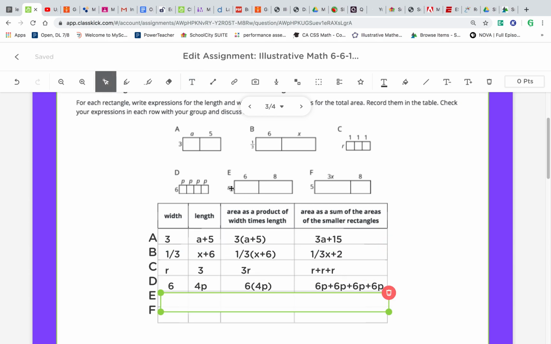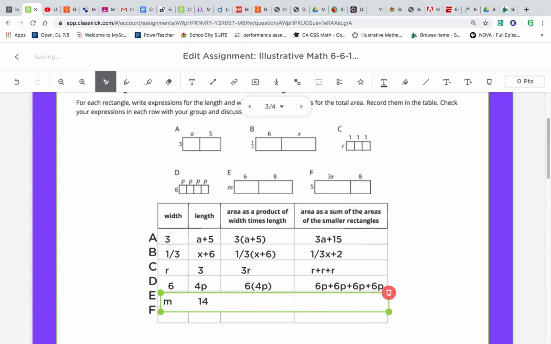All right, and for E, we have a width of M, and then the length would be 6 plus 8. Well, there's no reason to write 6 plus 8 because we know 6 plus 8 is 14. And then for here, we're going to be taking M, which is the width, and multiplying it times 14. Remember, as we did before, we like to switch that around.